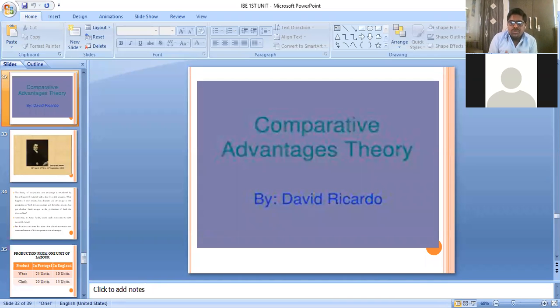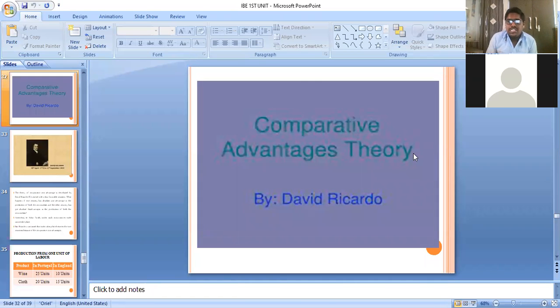In the previous class, we completed the theory of absolute cost advantages given by Adam Smith. What Adam Smith told is that a country should specialize in the goods it can produce best, and produce and sell only those goods.